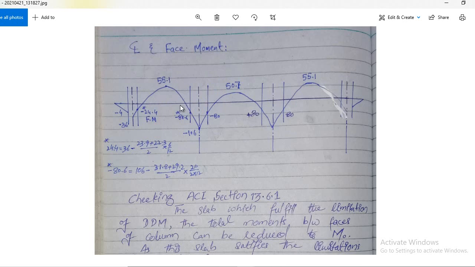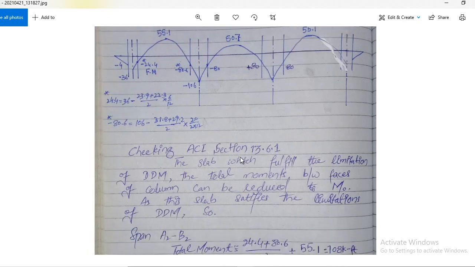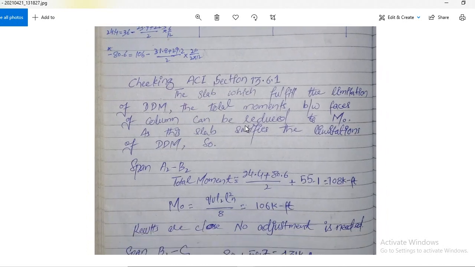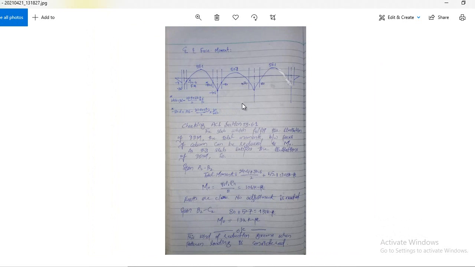There are almost 14 to 15 lectures I have uploaded, in detail, so I'm not going into detail of those things because it becomes repetition. My basic aim is to share this example and how to cope with such a cantilever portion.